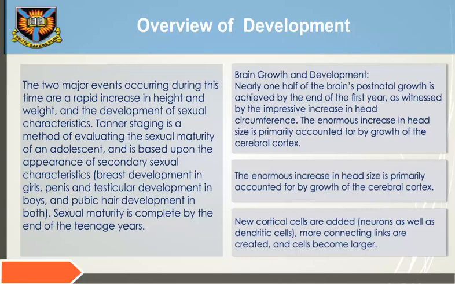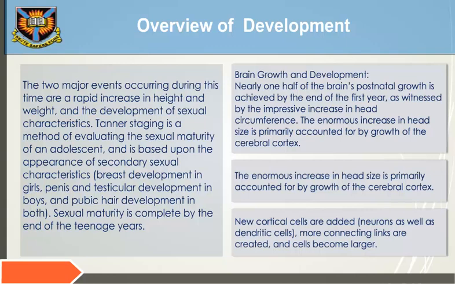Tanner staging is a method of evaluating the sexual maturity of an adolescent and is based upon the appearance of secondary sexual characteristics: breast development in girls, penis and testicular development in boys, and pubic hair development in both. Sexual maturity is complete by the end of the teenage years.